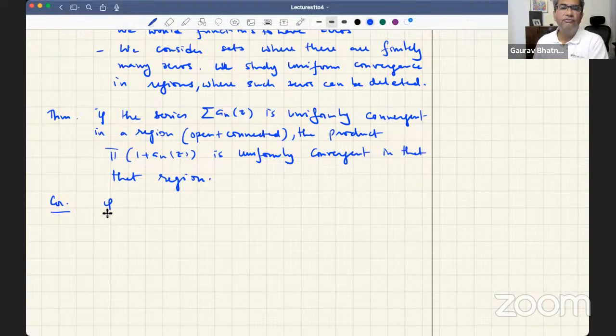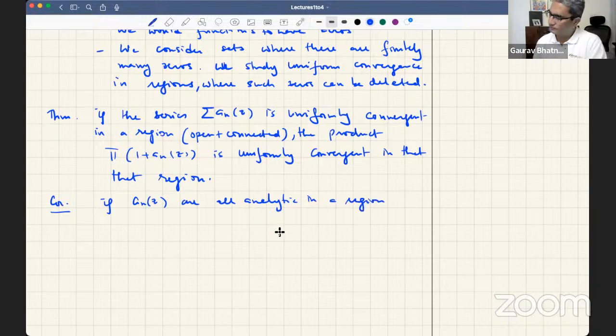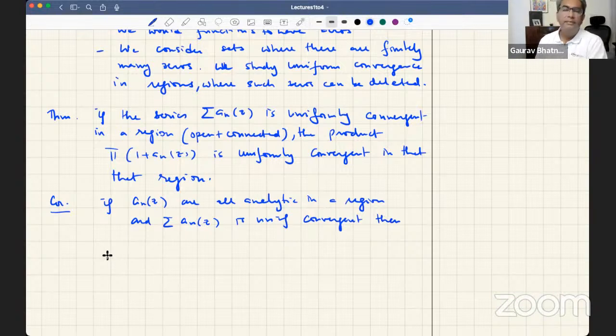Now, if the a_n(Z) are all analytic in a region, and summation a_n(Z) is uniformly convergent, then the product of 1 plus a_n(Z) is an analytic function.